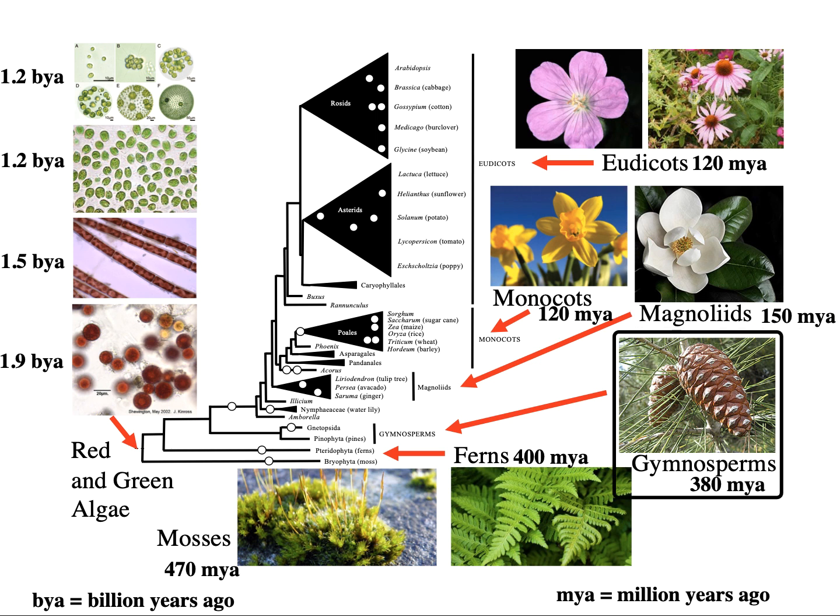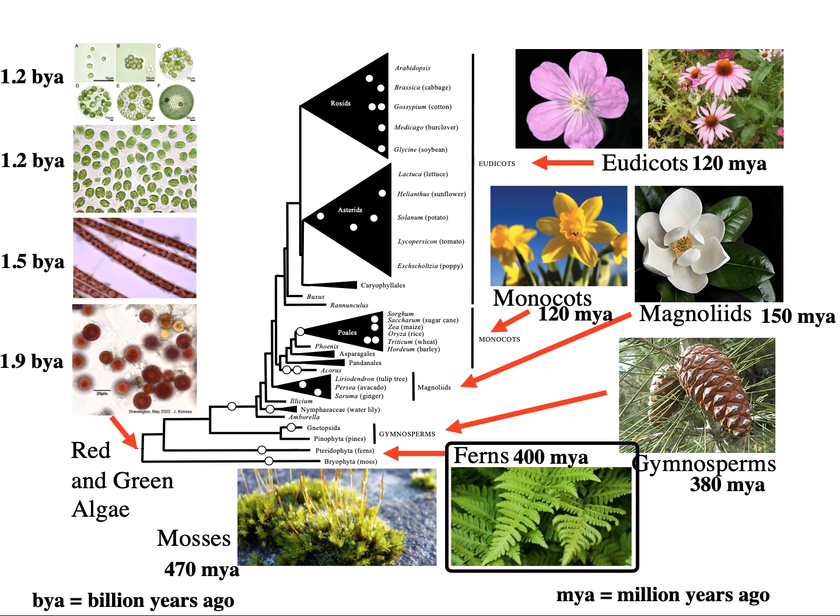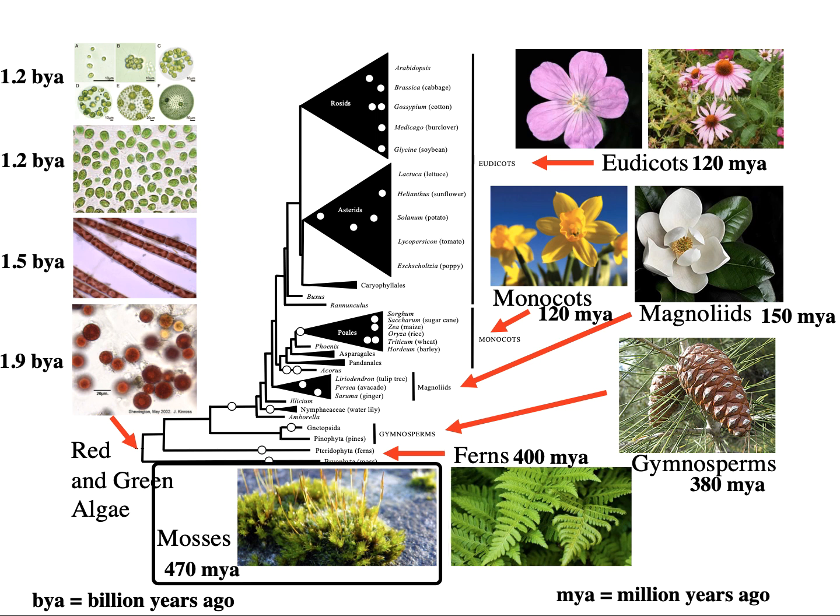Further back are the gymnosperms, the pines and the firs and things like that. 380 million years ago, they made their first appearance. And just before that, 400 million years ago, ferns dominated for a while, including tree ferns. Moss is a little earlier, 470 million years ago.